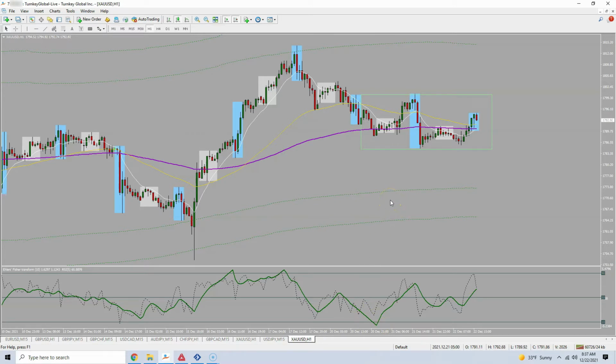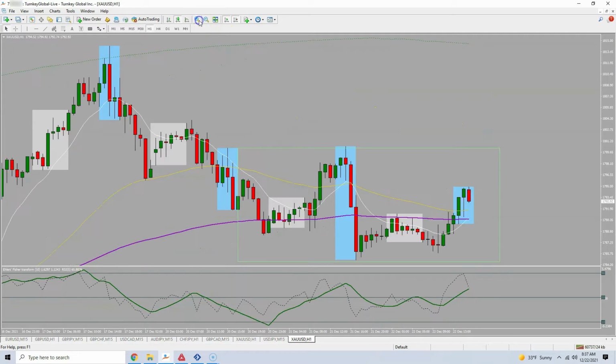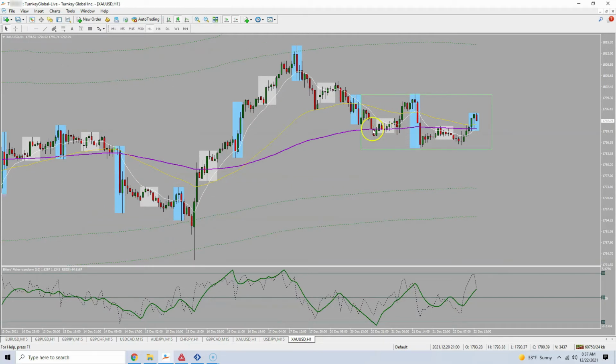Next thing we would have to do for rule number 2 is find the last prominent wick within the formation. The way to find where the last prominent wick is, you want to go off the candle bodies more so than the wicks initially.